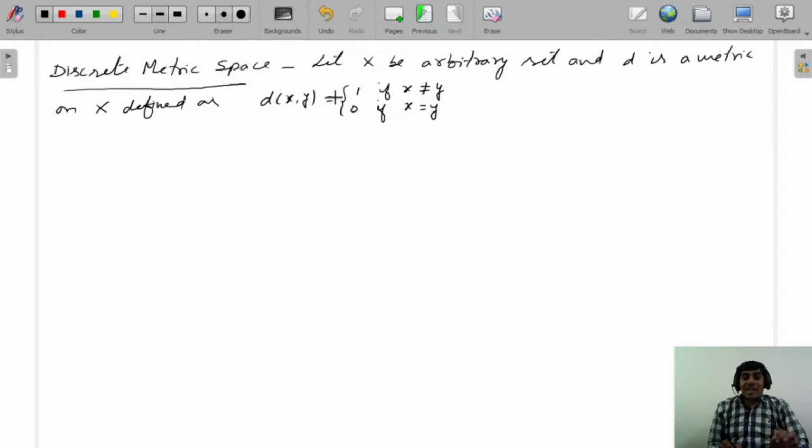Then the set X is a metric space with metric D. Now we have to prove that D satisfies all the properties of a metric space.